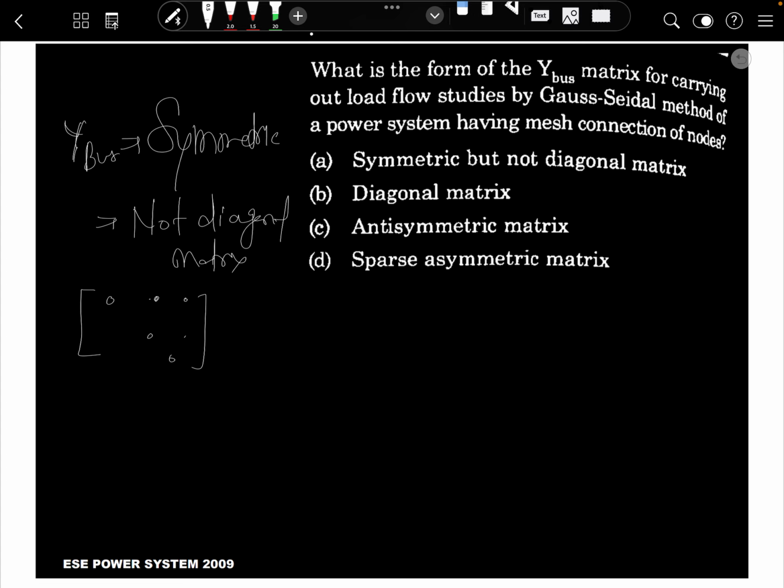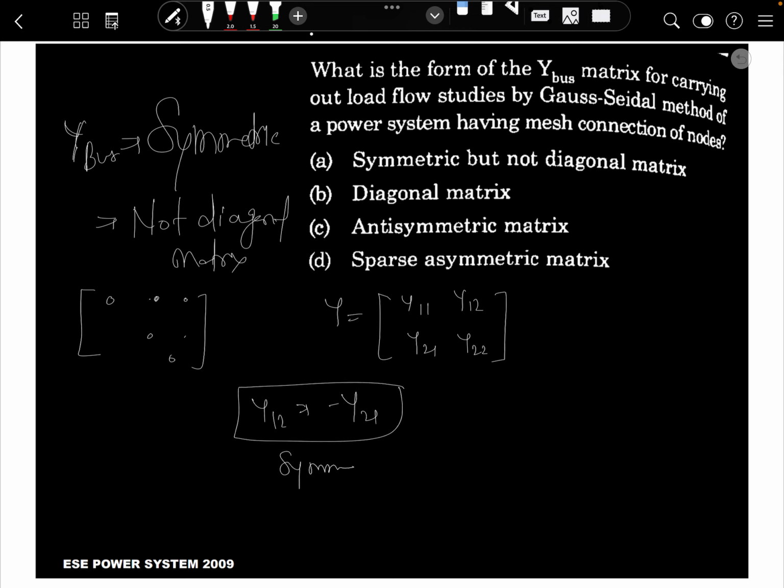Like if we say symmetric, if Y is equal to Y11, Y12, Y21, Y22, here Y12 equals Y21. This is what we say symmetric.